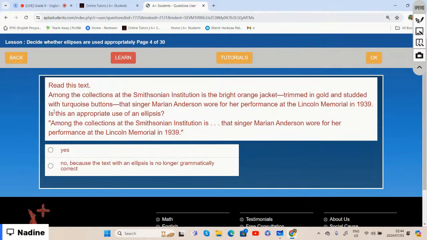All right, it says, among the collections of the Smithsonian Institution is the bright orange jacket trimmed in gold and studded with turquoise buttons that singer Marian Anderson wore for a performance at the Lincoln Memorial in 1939. We need to say, is this an appropriate use of ellipses?